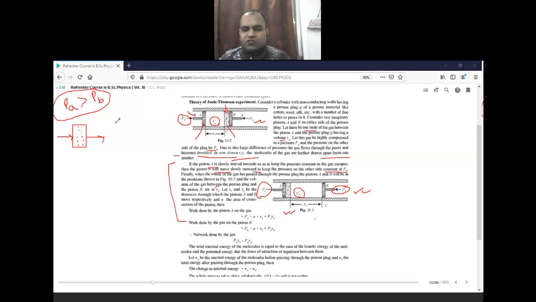What was VA? VA was the initial volume of the gas when the gas was between the piston A and the porous plug G. After all the gas passes through the porous plug, the gas will be between the porous plug G and the piston B, and VB is the volume of the gas.